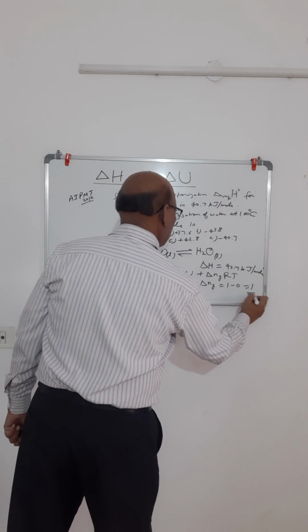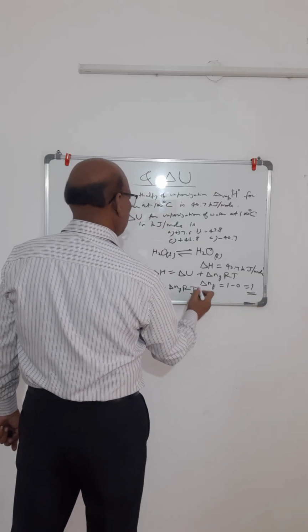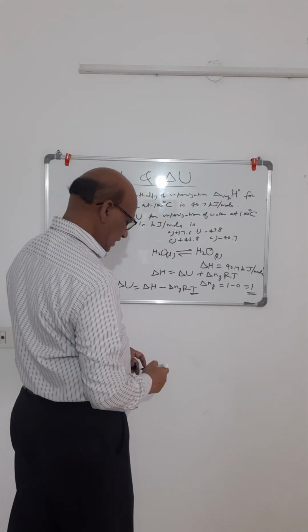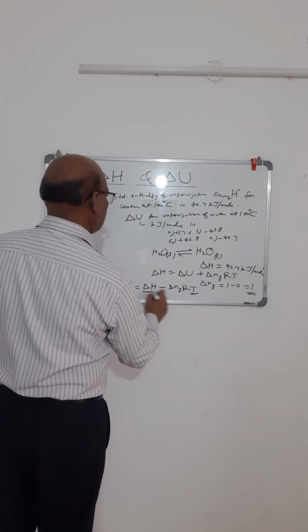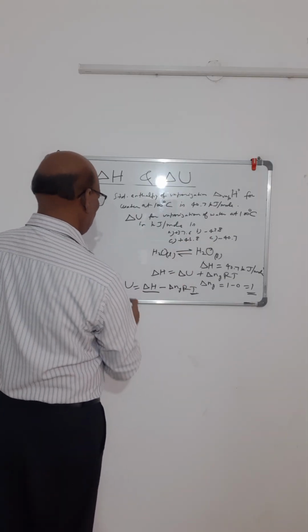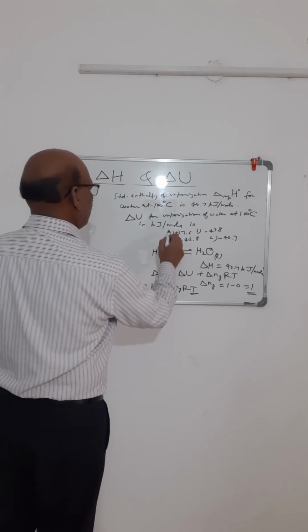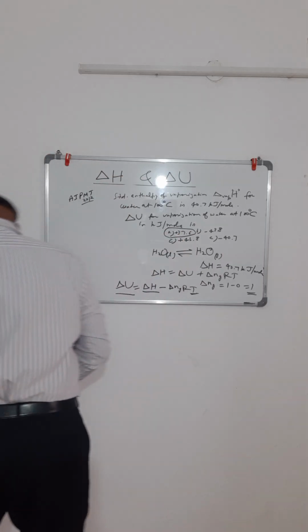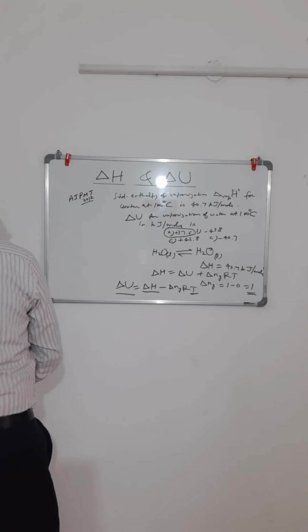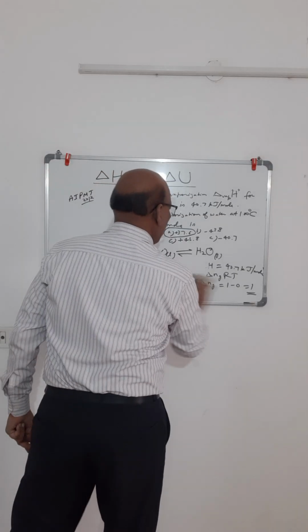Delta Ng is already known to us. Temperature is given as 100 degrees Celsius, that is 373 Kelvin, and delta H is given to us. So we can find the value of delta U, and the final answer will be A, that is plus 37.6 kilojoule per mole. That is how we can find it.